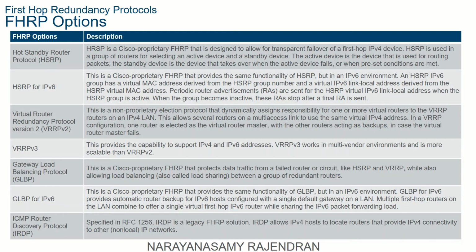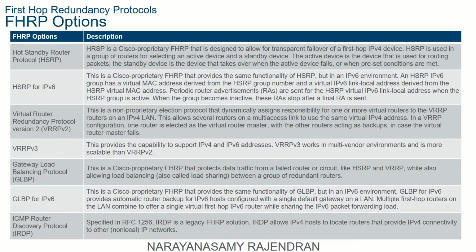Now we will move on to HSRP for IPv6. HSRP for IPv6 is also a Cisco proprietary FHRP protocol. It provides the same functionality as HSRP, but it works in the IPv6 environment. An HSRP IPv6 group has a virtual MAC address derived from the HSRP group number and a virtual IPv6 link local address derived from the HSRP virtual MAC address.